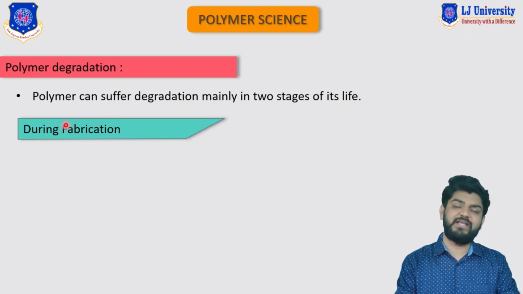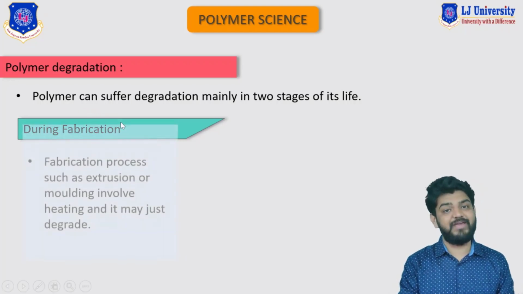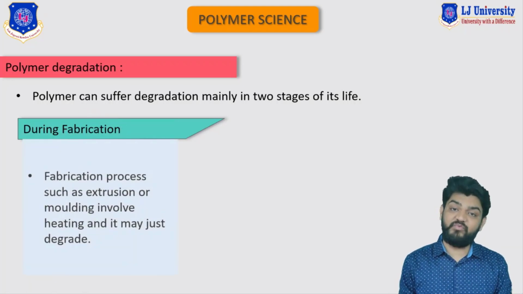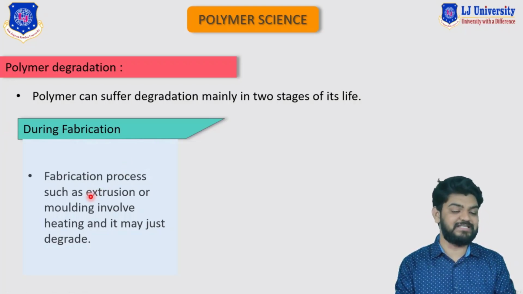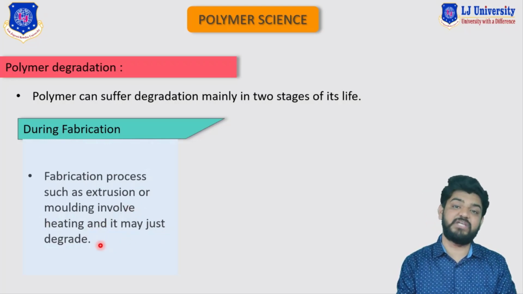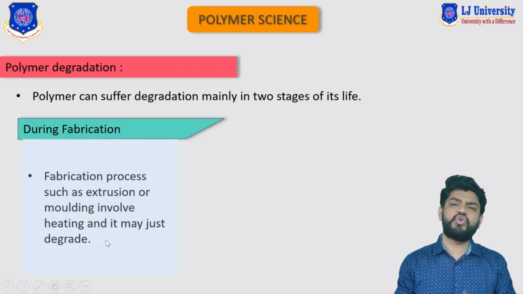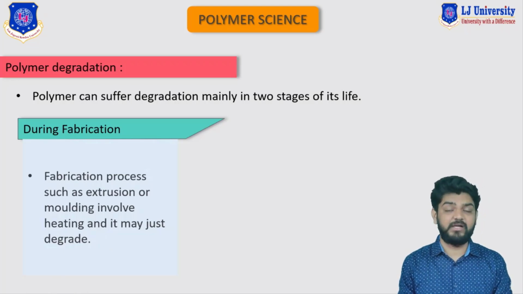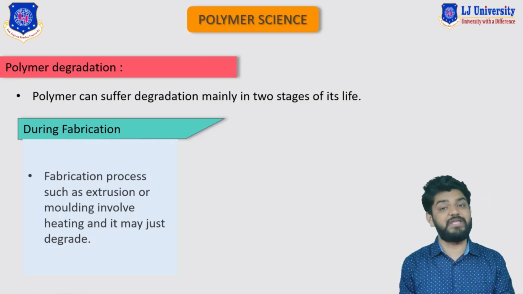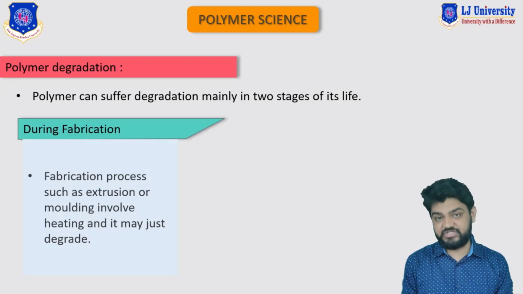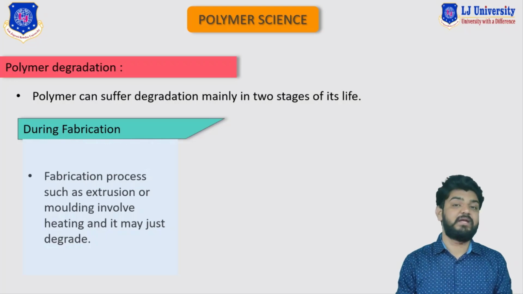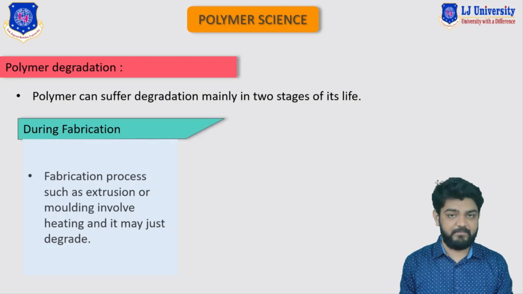The first one is during fabrication, or we can say during the manufacturing of the polymer, in which fabrication processes such as extrusion or molding involve heating, and it may lead to degradation. So during manufacturing, the monomers need to undergo heating, which some polymers cannot sustain, and they simply degrade during the formation step, or fabrication step.